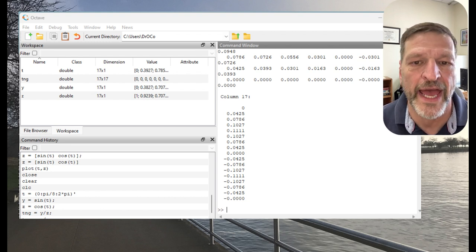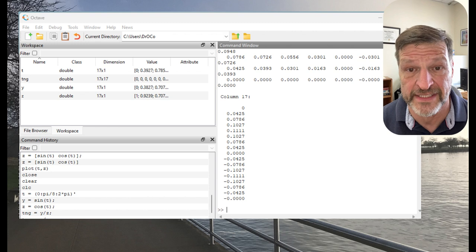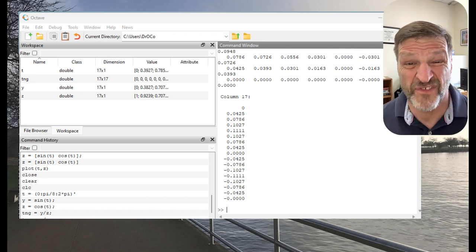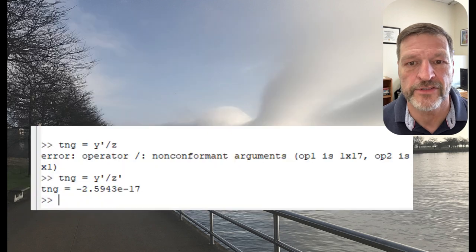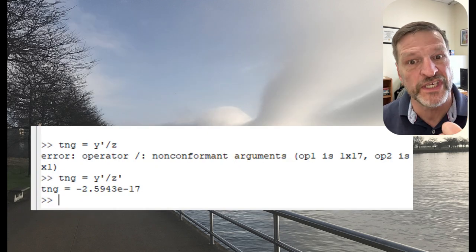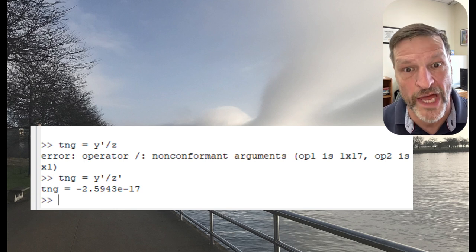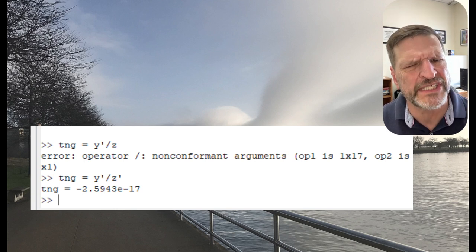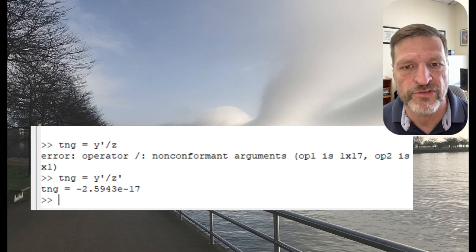And that's exactly what happened. If you divide a 17 by 1 by another 17 by 1, you're going to get a 17 by 17. If, for example, I do y prime divided by z prime, so TNG equals y prime divided by z prime, you get a single number. So a 1 by 17 divided by a 1 by 17 is 1, right? So slash means some kind of matrix calculation, matrix division, really.